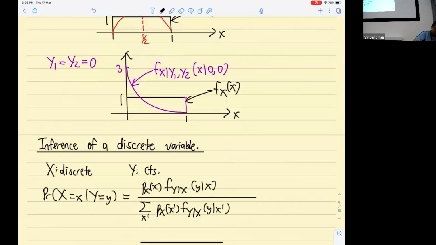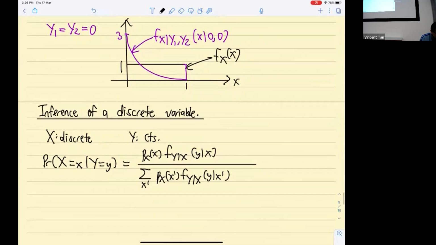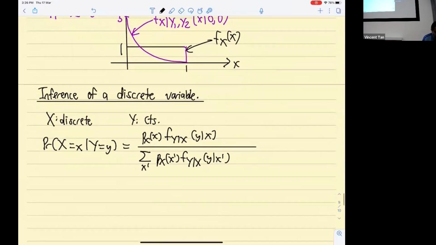So that is the Bayes rule when what you are trying to guess, x, is discrete and what you observe is continuous. The only way that one can internalize this sort of formulas is via examples. All right, example.